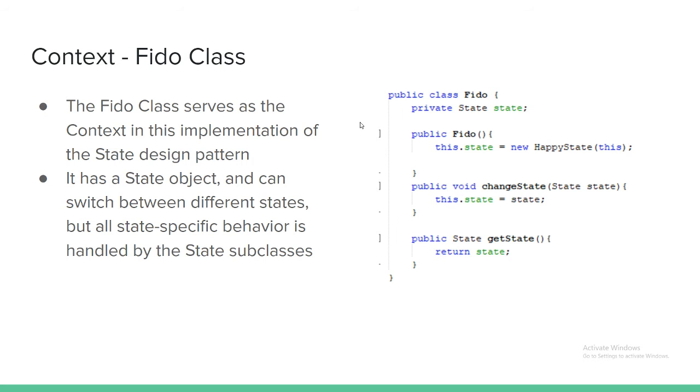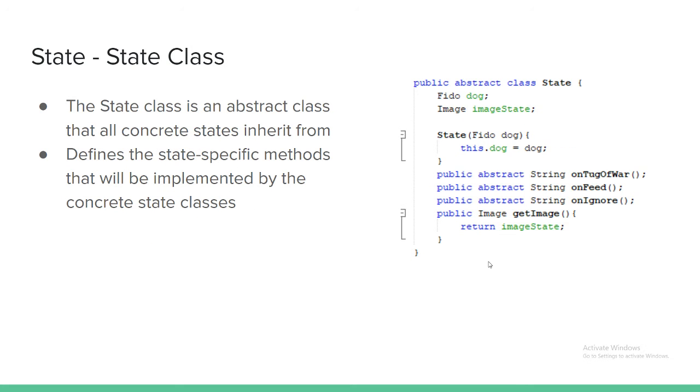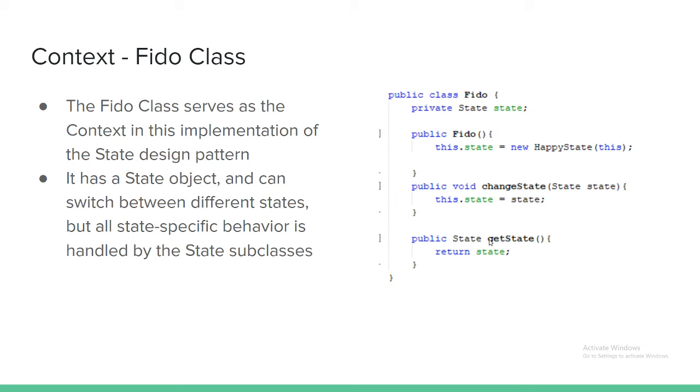It has the ability to change its state by passing in a state object, and it also has the ability to get the state with the get state function, so it can access that state.